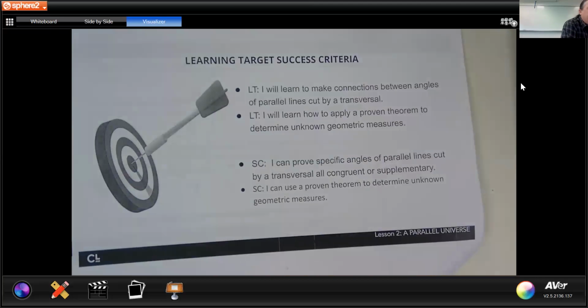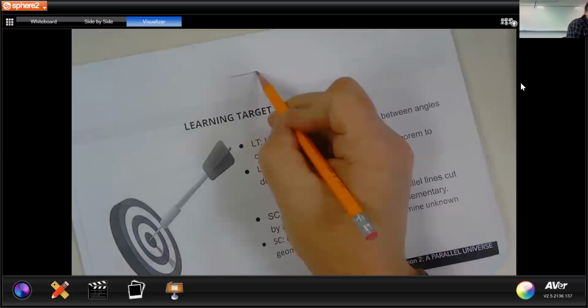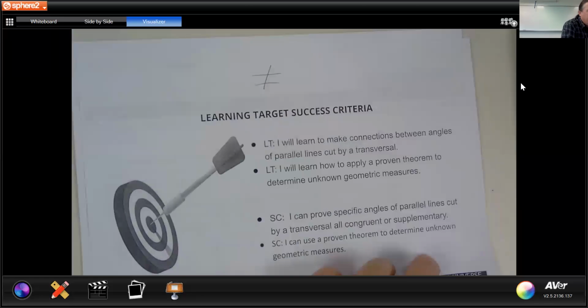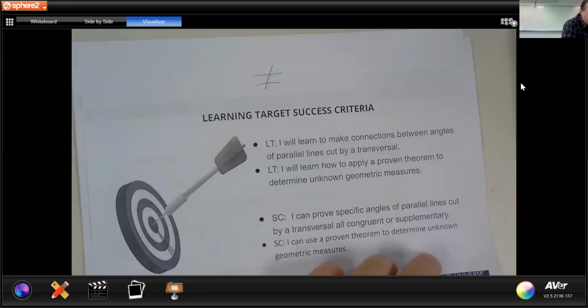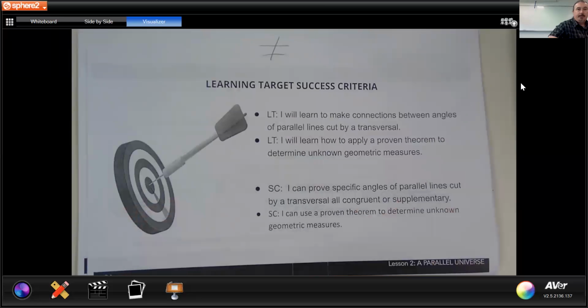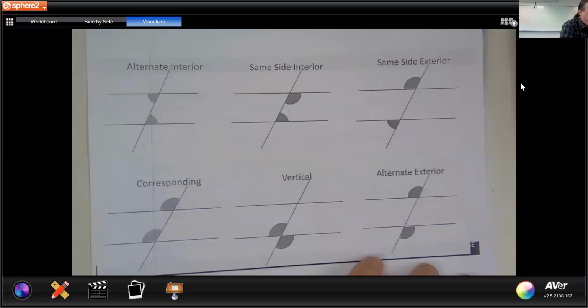When we have two parallel lines that are cut by a transversal, that means we have two parallel lines and another line cutting right through them. Unique angles are formed, unique congruent angles, unique supplementary angles. We're going to take what we know to find out what we don't know, and we're going to prove these things to be true. But first, we need to know a little bit about parallel lines.